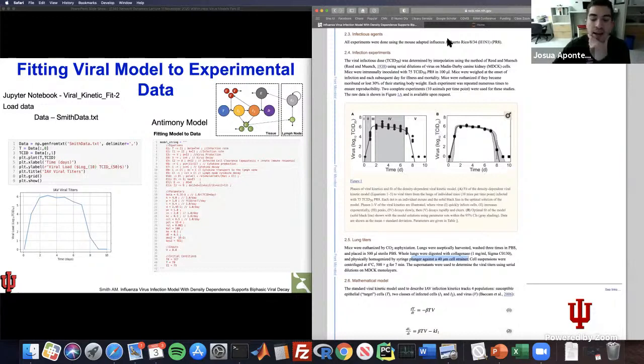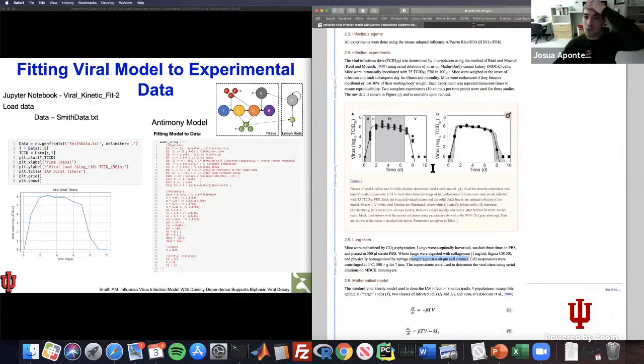In the link that James shared with you, there is a file called smithdata.txt, and that has the specific time points associated with this curve. There is also a notebook called Viral Kinetic Fit 2. That is the one we're going to be using to try to fit our original model to this data.